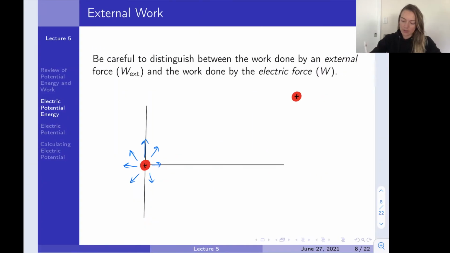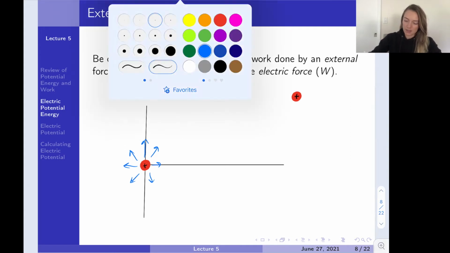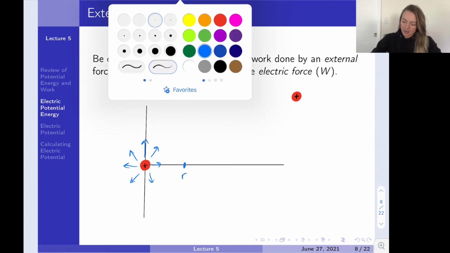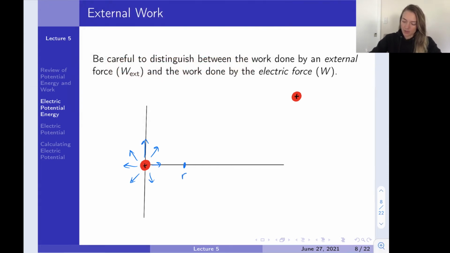Okay, so just to draw this out a little bit better, so I have my two charges here, and I have some distance r here. And I want to move this positive charge to this point here, which is a distance r away from my origin. So this charge, this positive charge at the origin, is emitting an electric field.